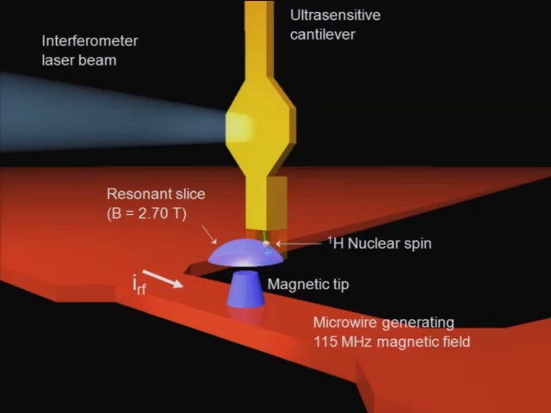So there's only a very small slice in space, this sort of hemispherical thing that I've drawn in this cartoon, where the spins are resonant with the RF radiation inside this wire. And only in this region in space will you be able to flip the spins up and down using the pulse sequences. So when your spin is outside that region and you have your pulses going through here, nothing will happen. When your spin is inside that region, it will start to flip around according to your pulse sequence.